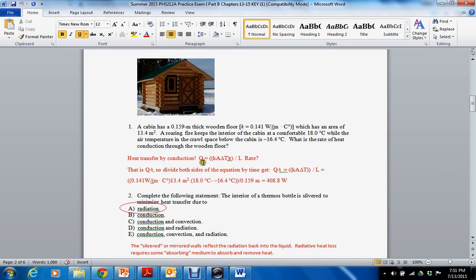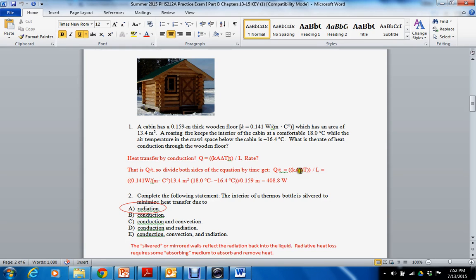That was a video. So Q equals kA delta T times t divided by the length, the thickness. I'm going to divide both sides of the equation by t, time. I get the rate, Q over t equals kA delta T, capital T for temperature, divided by the thickness.